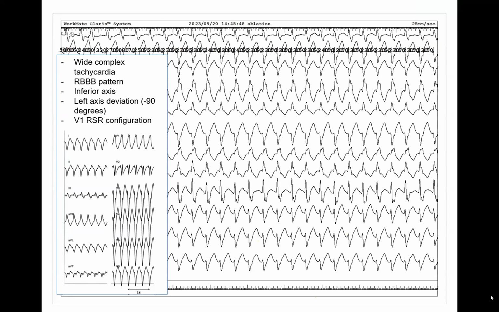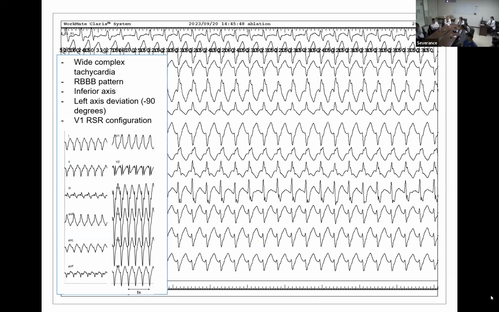No, we confirmed the adenosine sensitivity. The patient was on verapamil, and although verapamil reduced his palpitation recurrence rate, he still had fascicular VT, so we decided to take him to the EP lab.